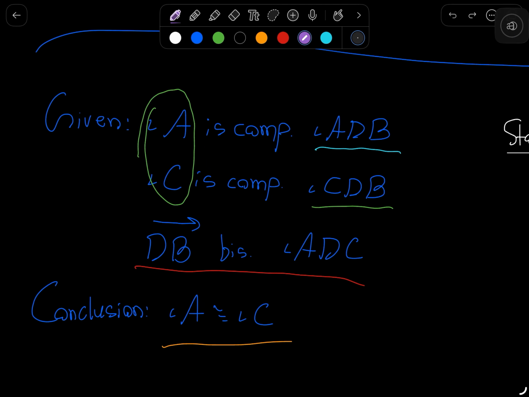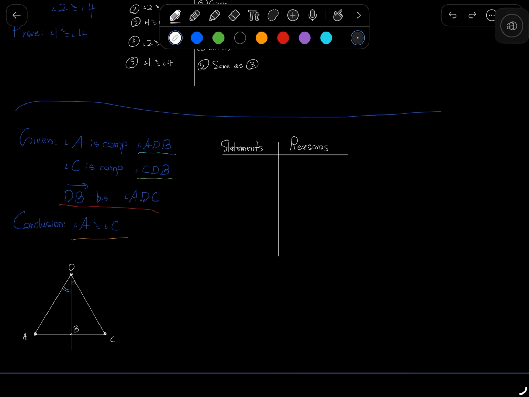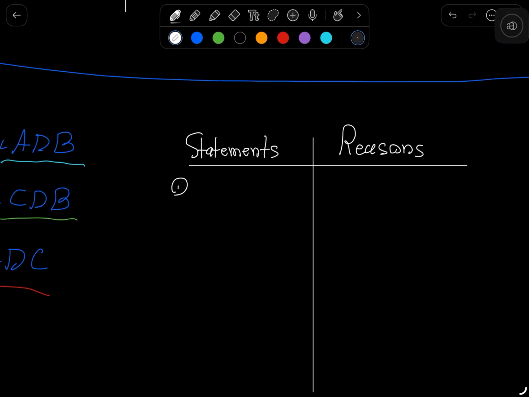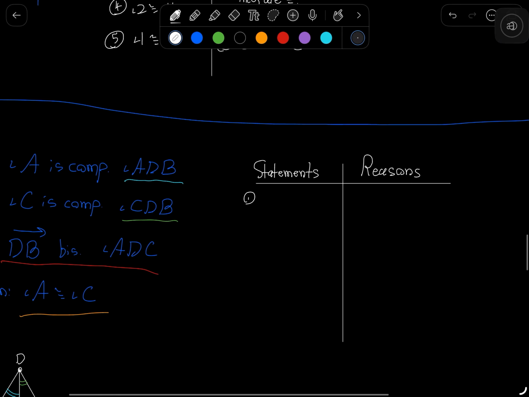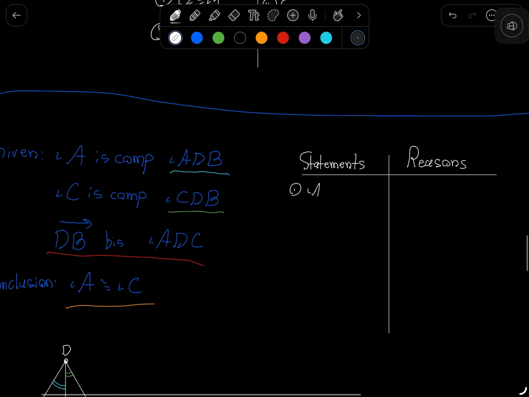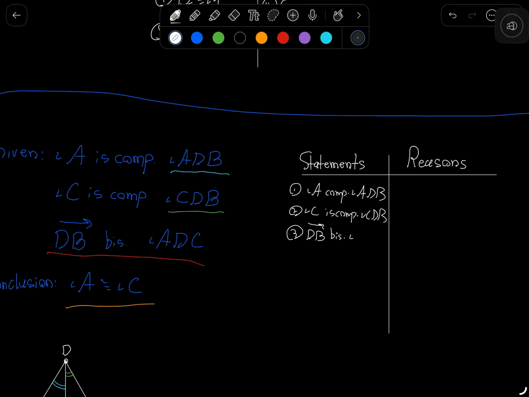So again, we have kind of thought that out, so let's write it. So our statements, again, all givens. Our first statement here, angle A is complementary to angle ADB. Of course, DB bisects angle ADC. And you can say that all these are given.